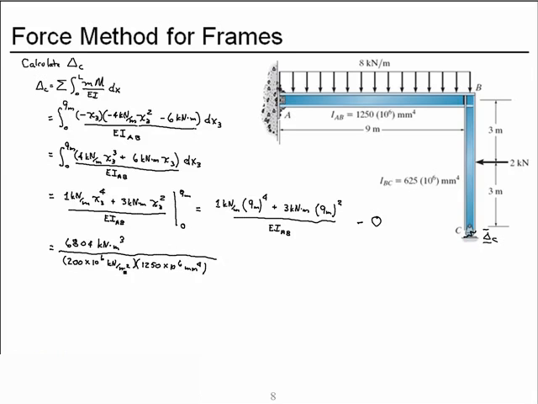We see that we have this meters squared in the denominator, which comes up here, so we have meters to the 5th over millimeters to the 4th. So let's convert the numerator. There are 1,000 millimeters per meter, and we have that unit to the 5th. Put all these together, I get a positive 27.2 millimeters, and we applied our virtual force down, so that means that my displacement is down.